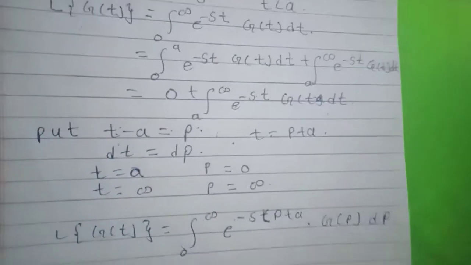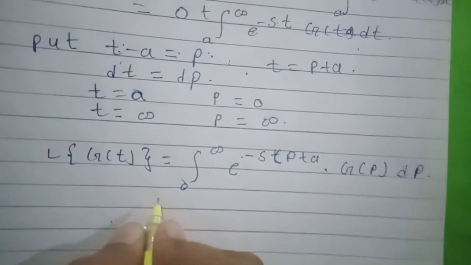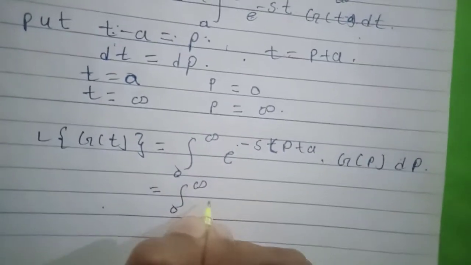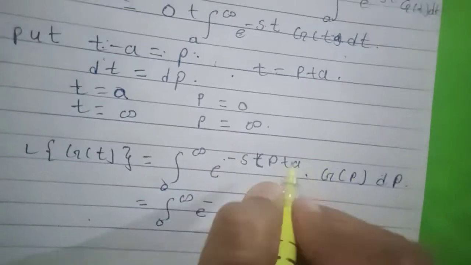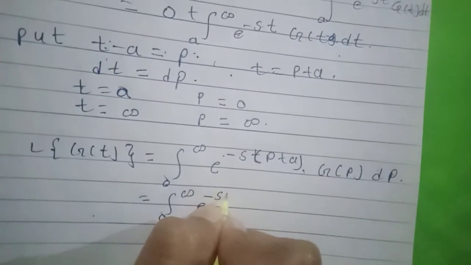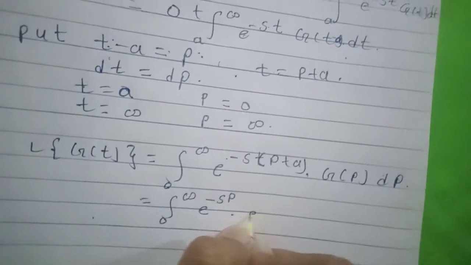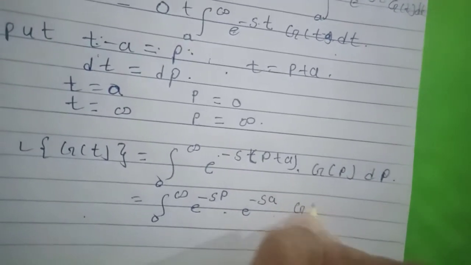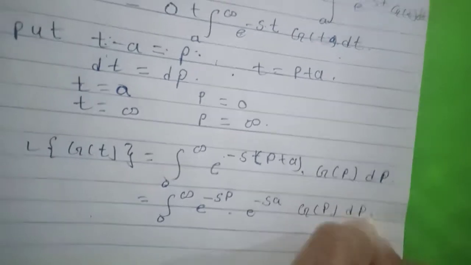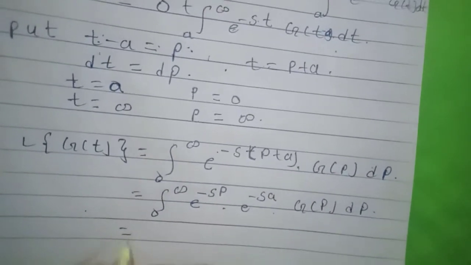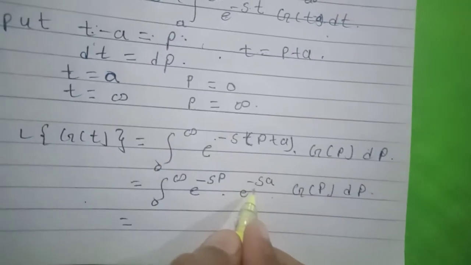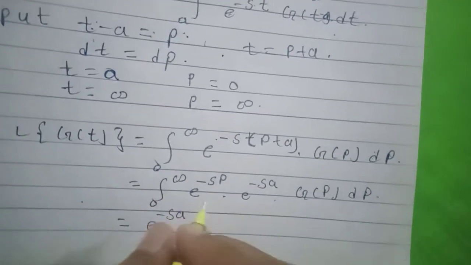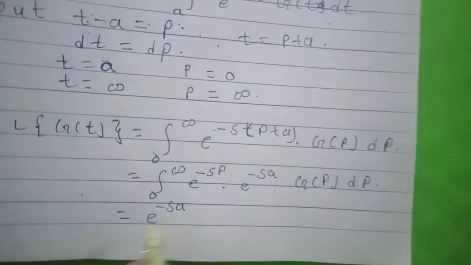So then we separate this integration 0 to infinity e raised to minus sp into e raised to minus sa into g of p dp. But here e raised to minus sa is constant, so it comes out of the integration.